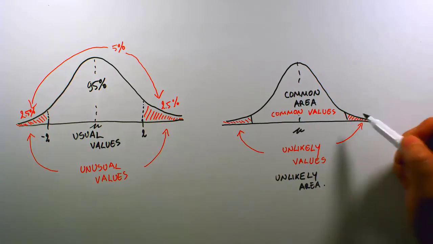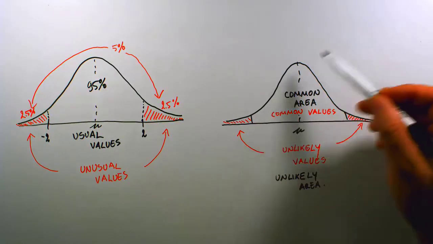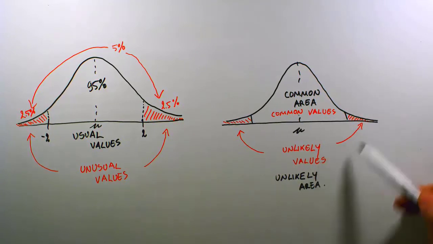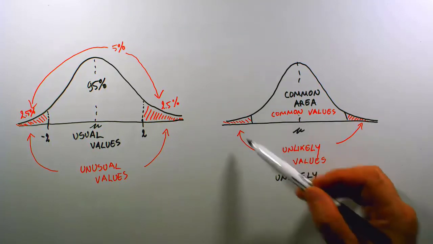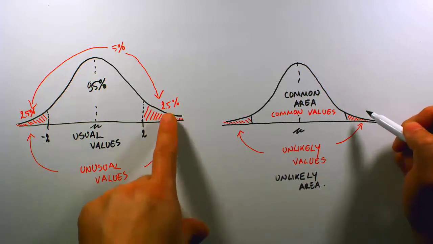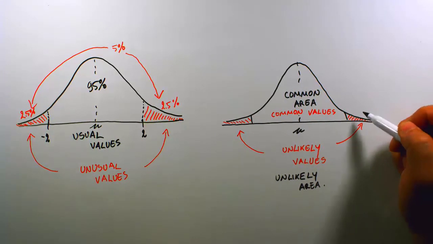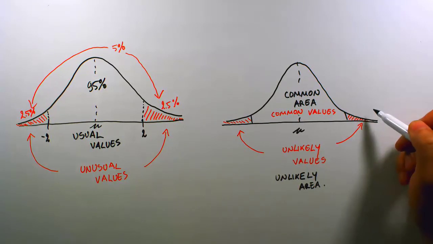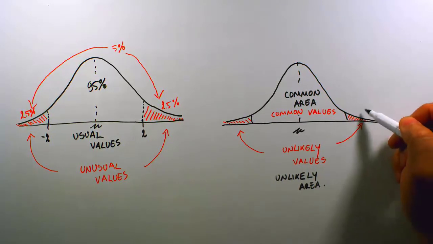And so, in a general idea here, each one of the unlikely areas can be even smaller than 2.5% to be regarded as unlikely values, indicating low probability.